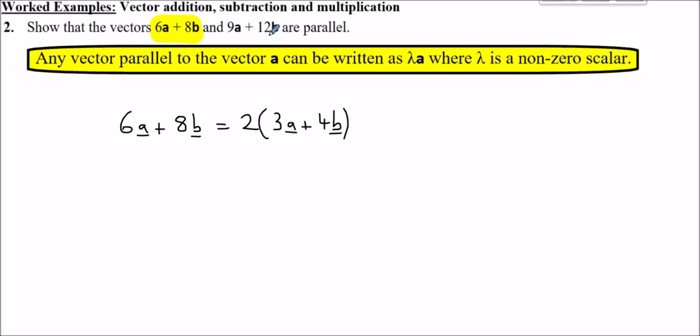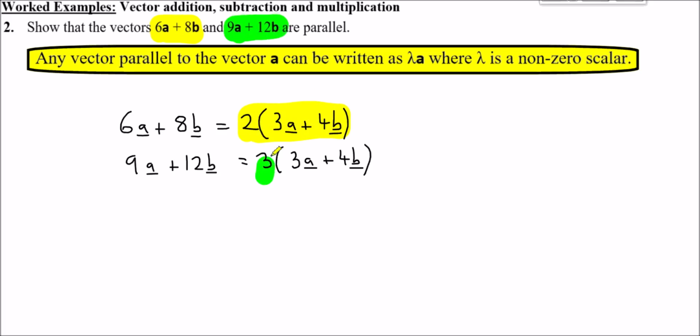Similarly, with 9a plus 12b, we can factorise out a 3 from these, so we can write this as 3 lots of 3a plus 4b. And so 6a plus 8b I can write as this, and 9a plus 12b I can write like that.